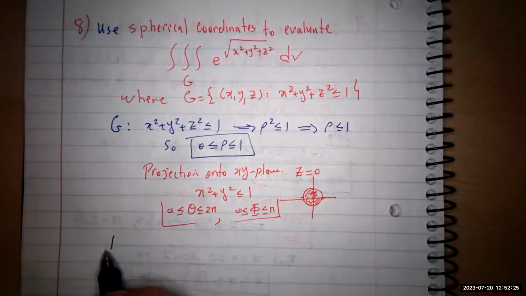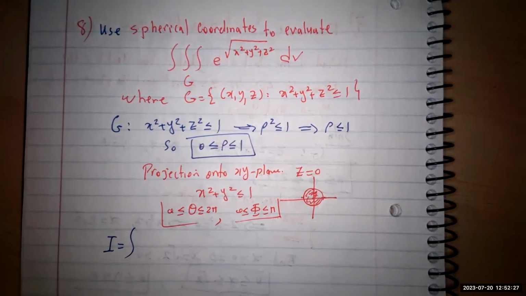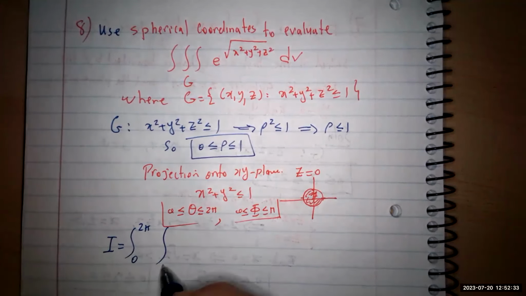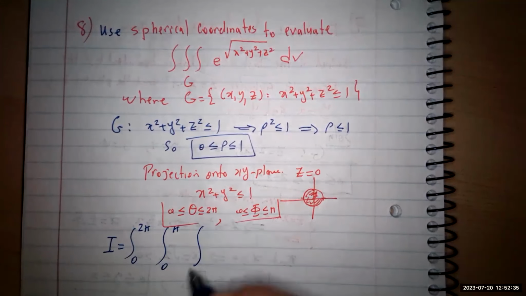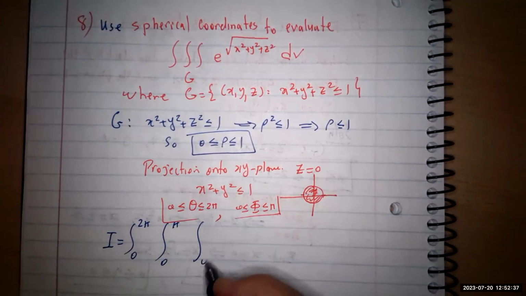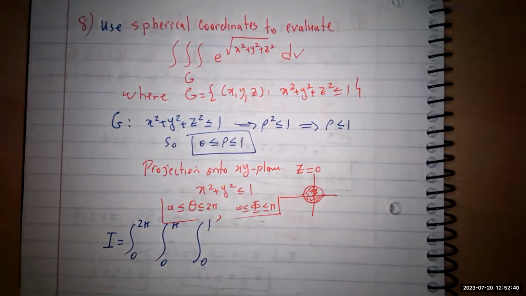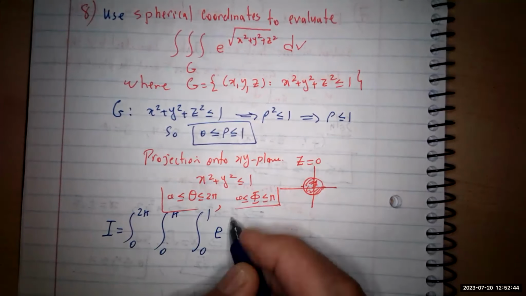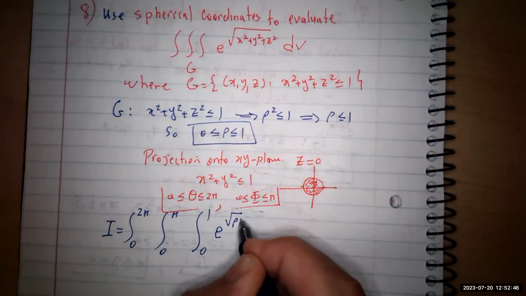Change it to the spherical form. So that's it. At the end, we do the theta. In the middle, we do the phi. At the beginning, we do the rho, 0 to 1. Function e to the square root of rho squared.